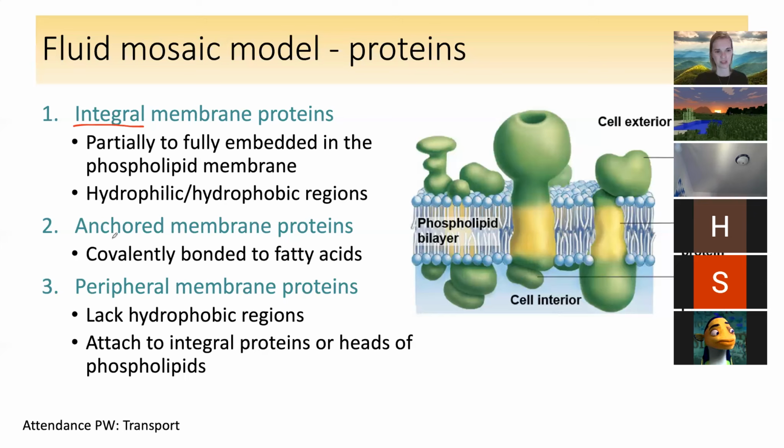We will see some anchored membrane proteins. These are going to be covalently bonded to the fatty acids, as well as some peripheral membrane proteins, which are kind of like these blobs you see here on top. There's one here and there's one here as well.